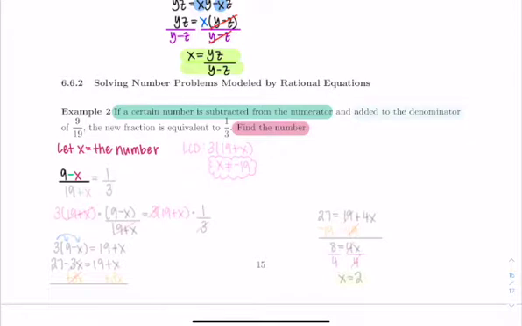And that certain number is added to the denominator of 9 over 19. And so my denominator is 19, and we are adding that with the x. What we end up getting is a new fraction of 1/3. So this is equal to 1 over 3.